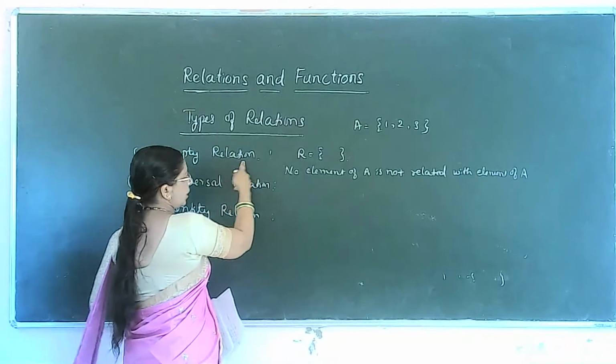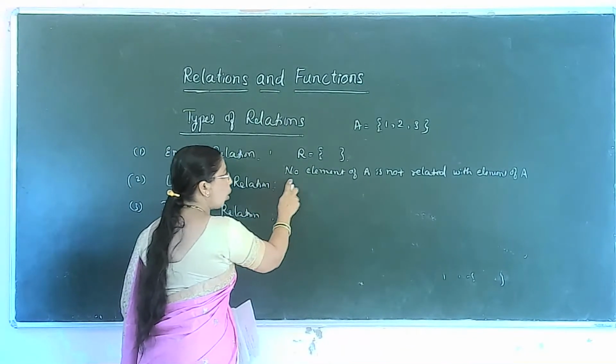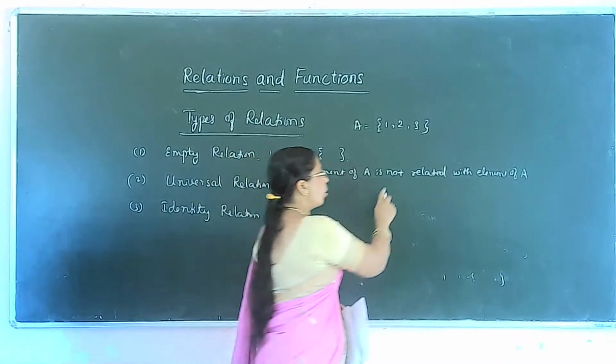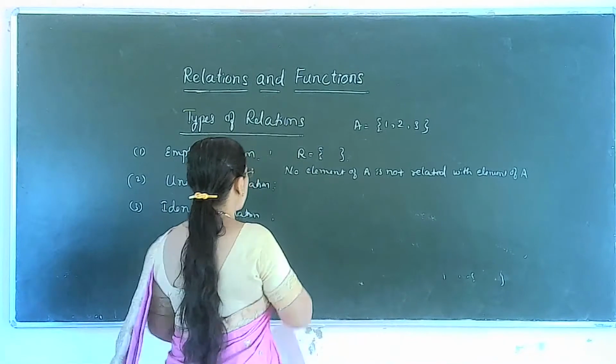If it is an empty relation, R is equal to the null set. No element of A is related with any element of A.